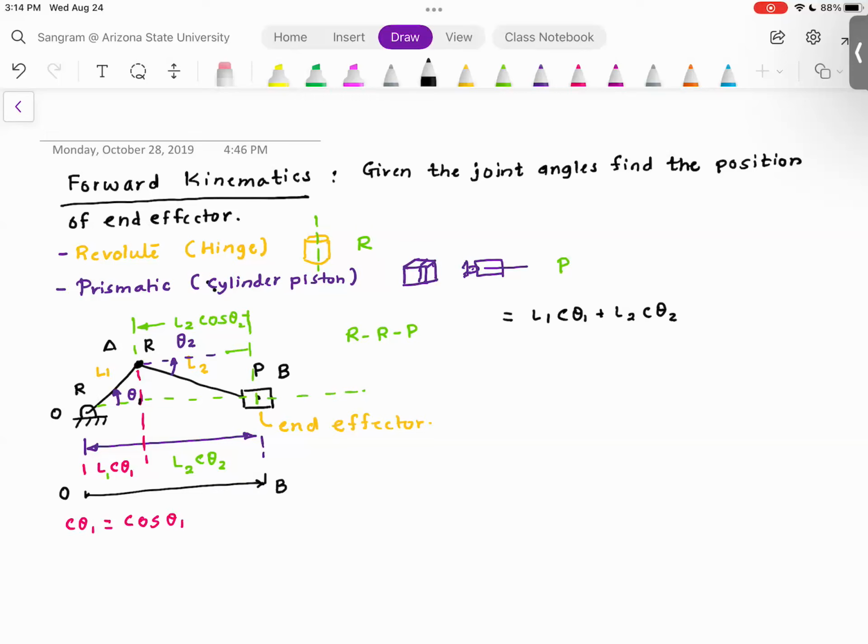In this particular case, we know the direction. So for an example, if my theta 1 and theta 2 are going the same direction, then my OB would keep on increasing. If I reverse the direction, then OB would be decreasing.